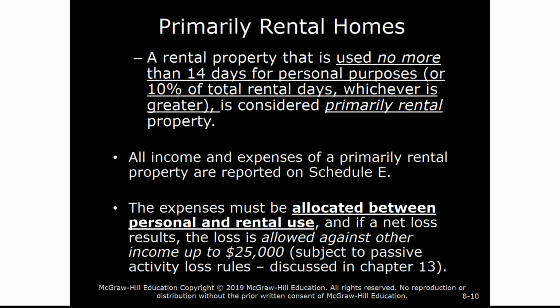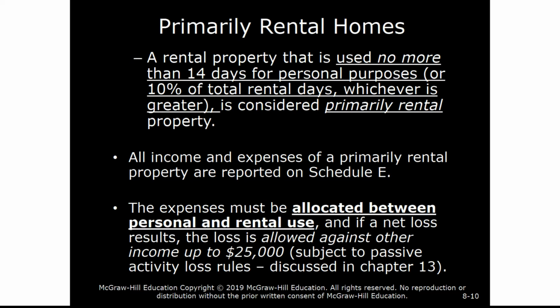Also, I alluded to earlier that losses for rental property, when it's primarily rental, can be taken. However, generally it's only up to the point of rental income.